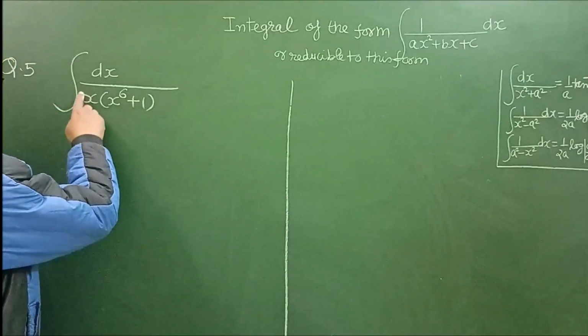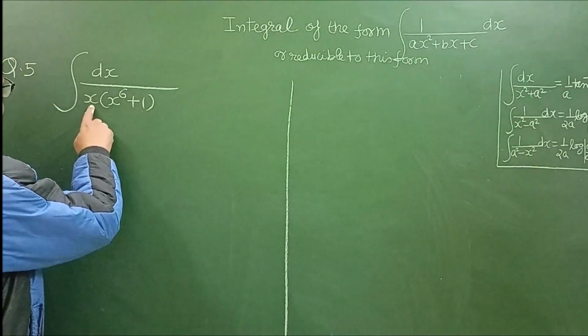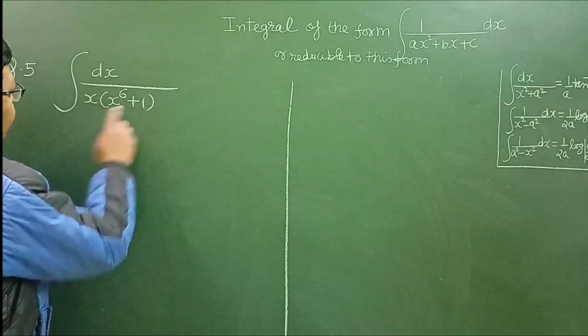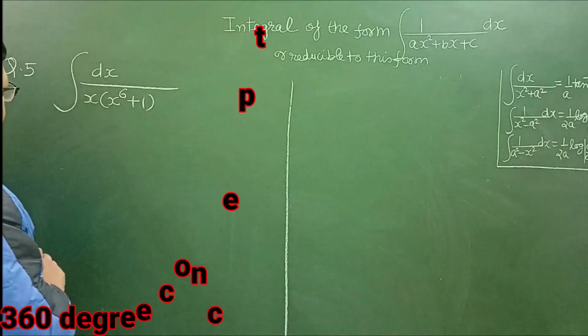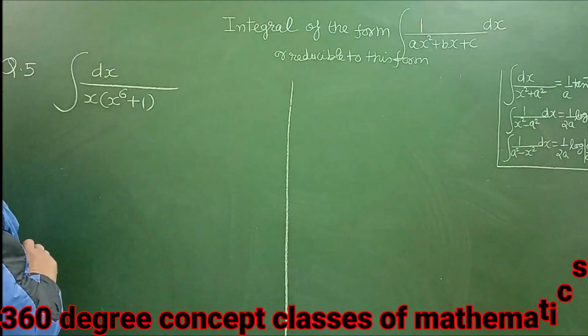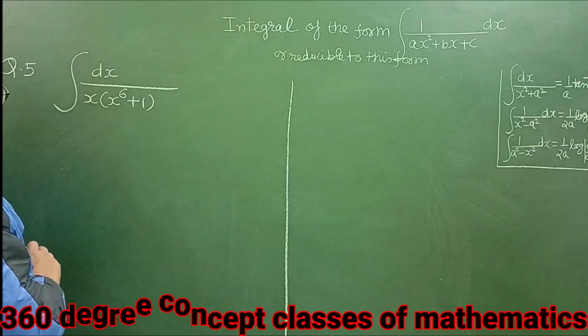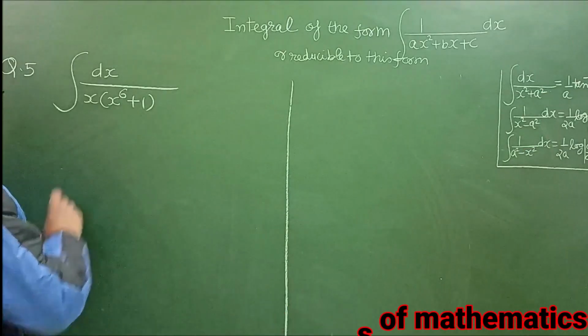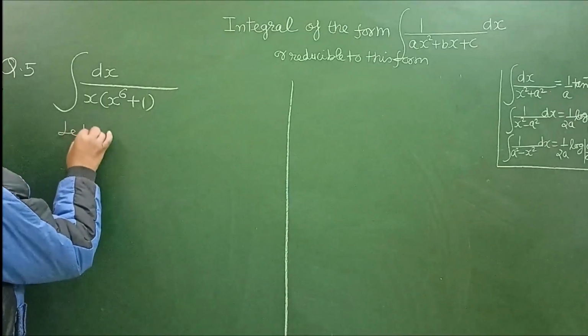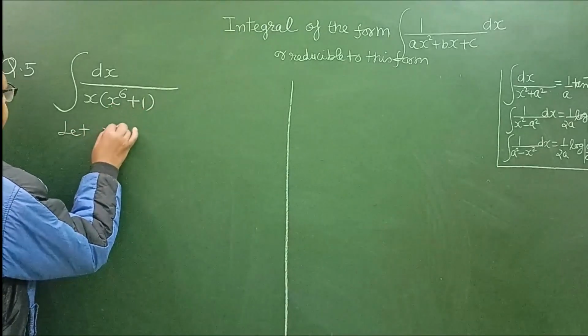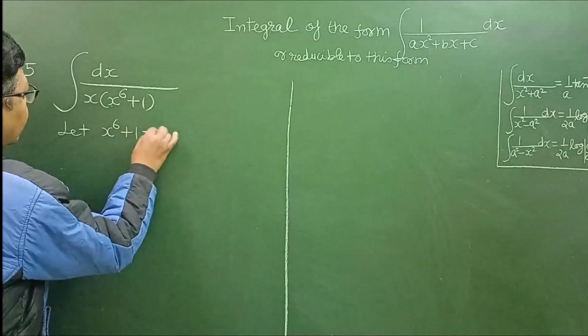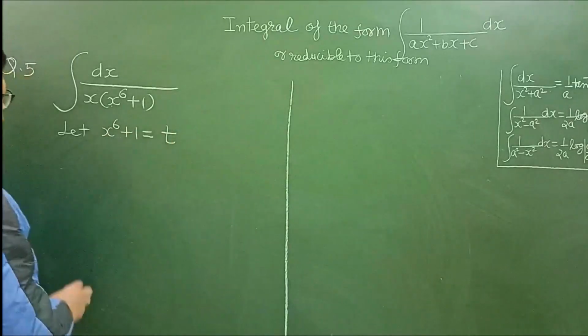Next question, find the integral of dx upon x to the power 6 plus 1. So in these types of questions in which we have dx upon x to the power n plus 1, let us take this x power 6 plus 1 equal to t.